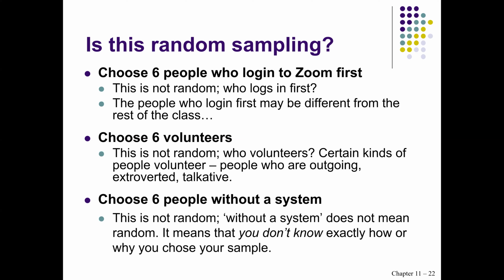Choosing 6 people without a system is also not a probability sample. So if I'm just looking at all your beautiful faces in Zoom and just choosing 6 people that way, it's not a probability sample because I don't exactly know how or why I chose my sample. Maybe I was drawn to all of the people who have brown hair.